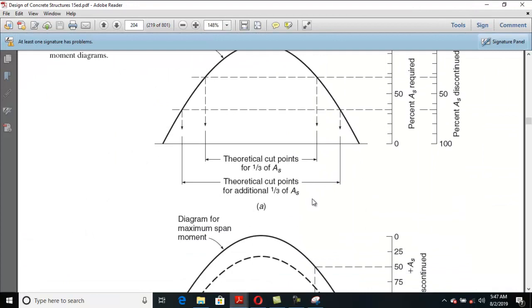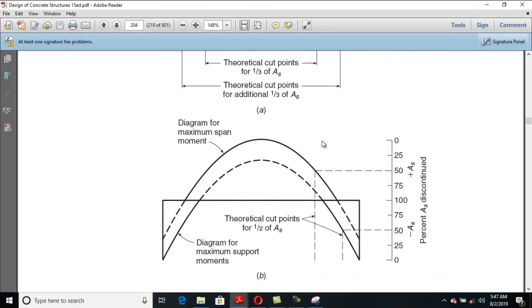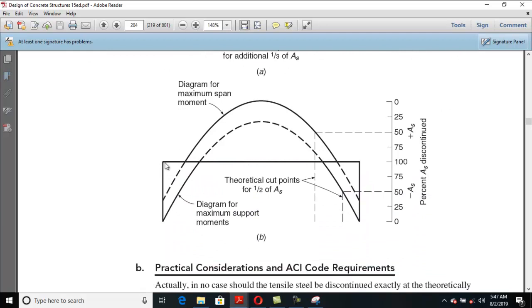So this diagram is basically used for a simply supported beam. Clear? And this diagram is used for a continuous beam. There is negative moment and there is positive moment.